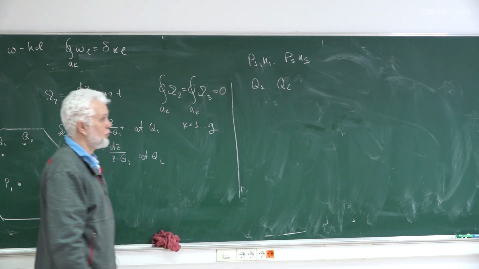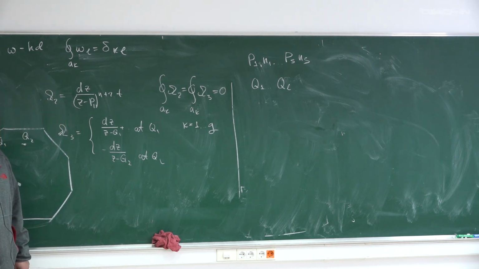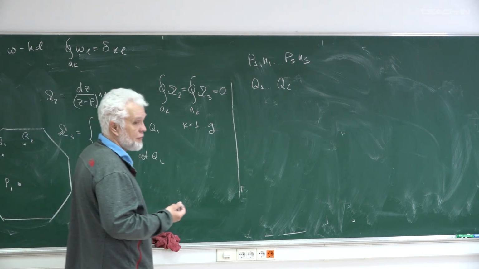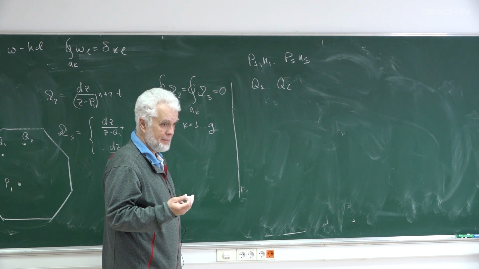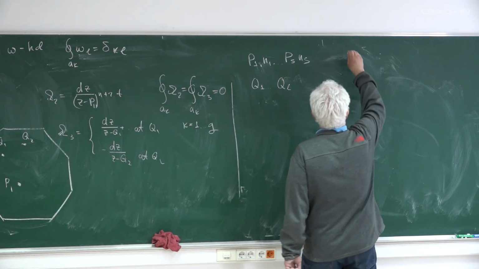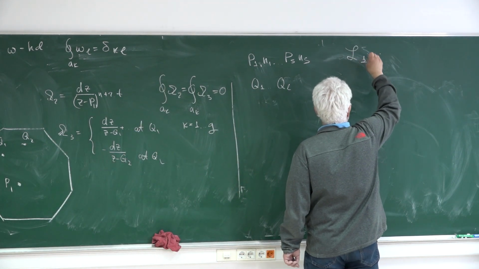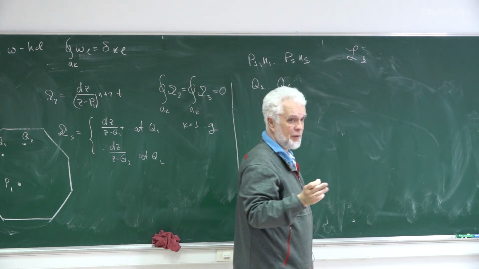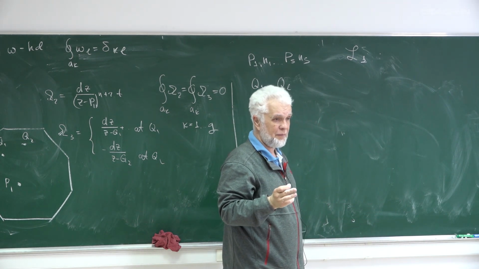We have such a collection of points. First of all, consider the space of all differentials of the second kind. Let's introduce the space L1, such a vector space. What does the space L1 mean?